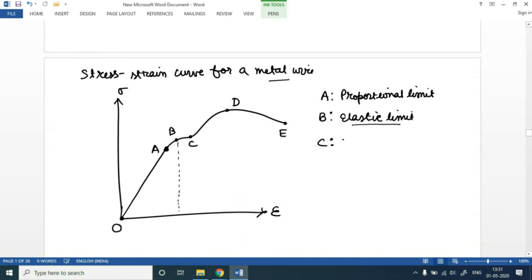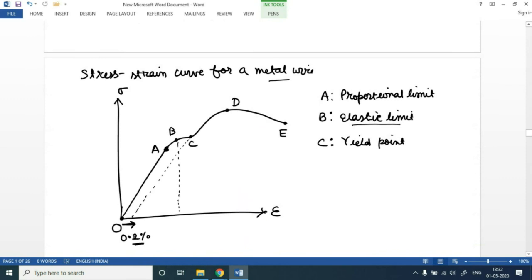C is a point known as the yield point, and about yield point C, I must say it is a point at which a permanent deformation of 0.2% remains in the wire when the deforming load is removed. For example, when the deforming load is removed, it will follow this path and some permanent deformation will be left, and that would be nothing but 0.2%.